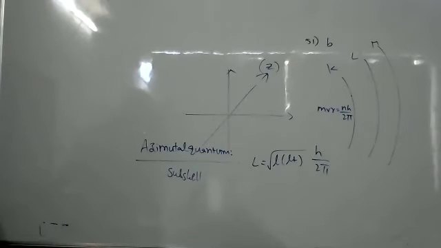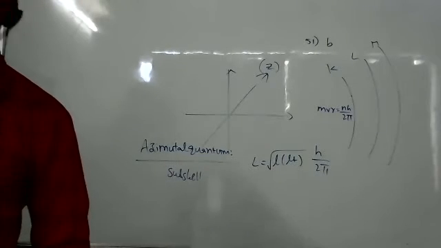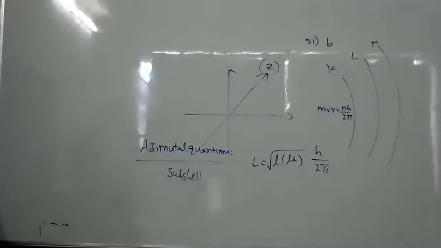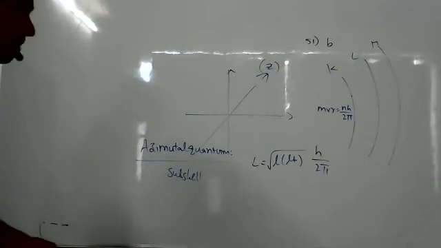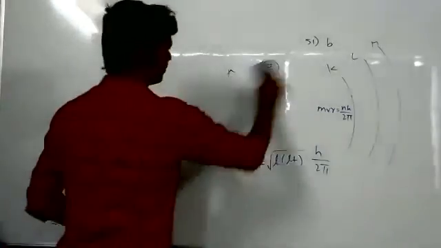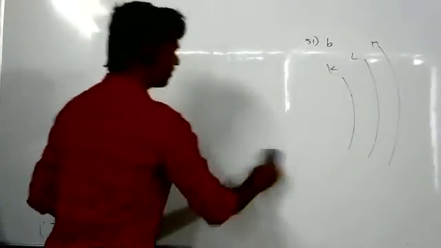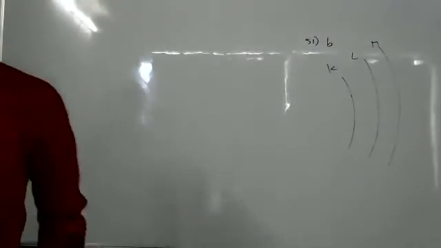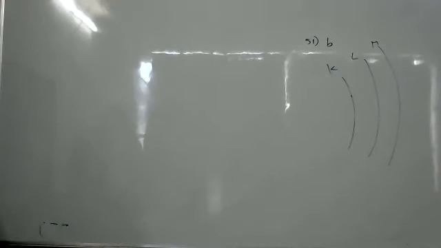Next 52. Pratik. Yes, sir. Read question number 52. Which of the following statements regarding an orbital is correct? Option A, an orbital is a definite trajectory around the nucleus in which electron can move. B, an orbital always has spherical trajectory.